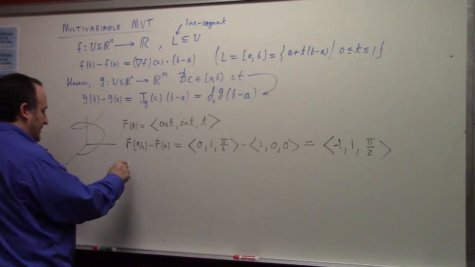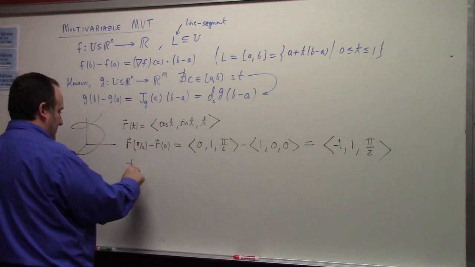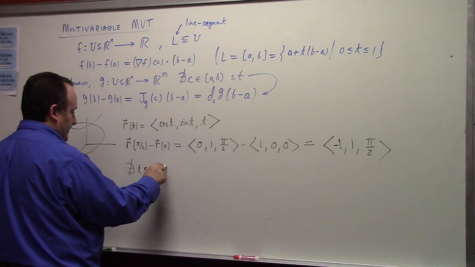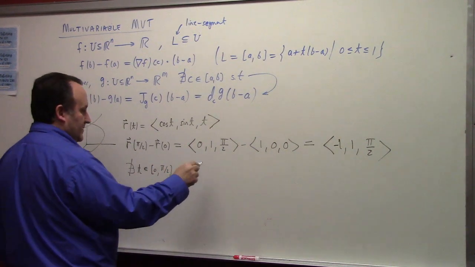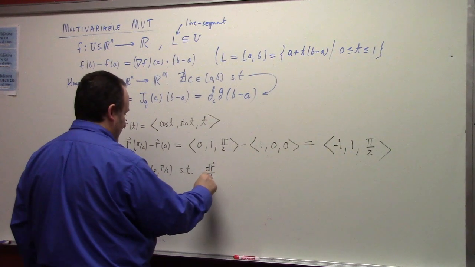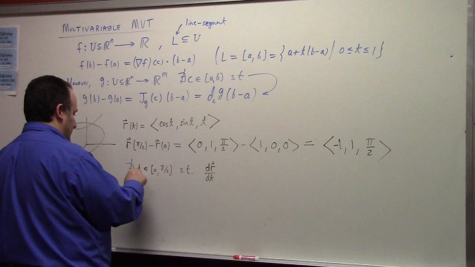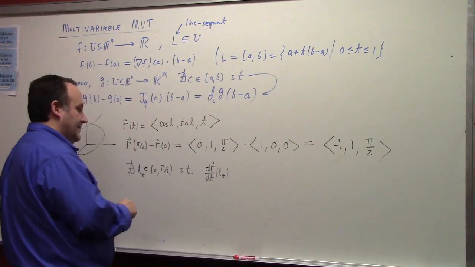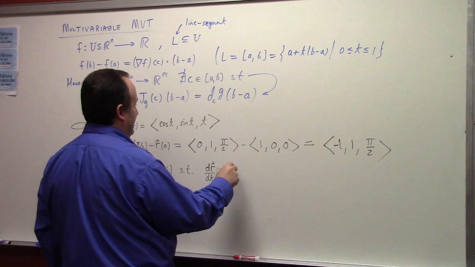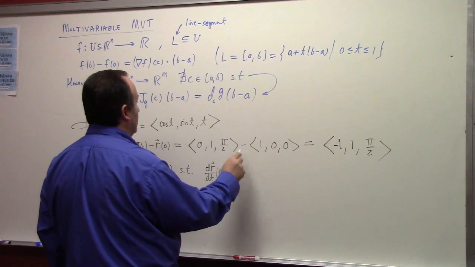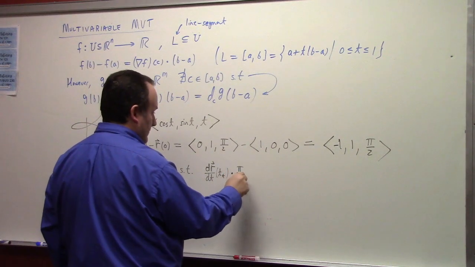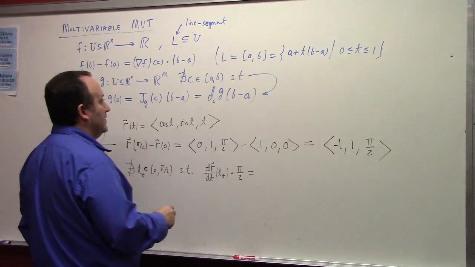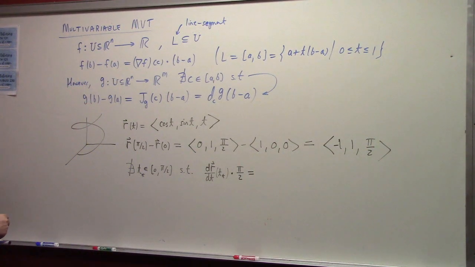So my claim is that there does not exist some t in 0 to pi over 2 such that dr dt at t, let me call it t star, times pi over 2 equals this.